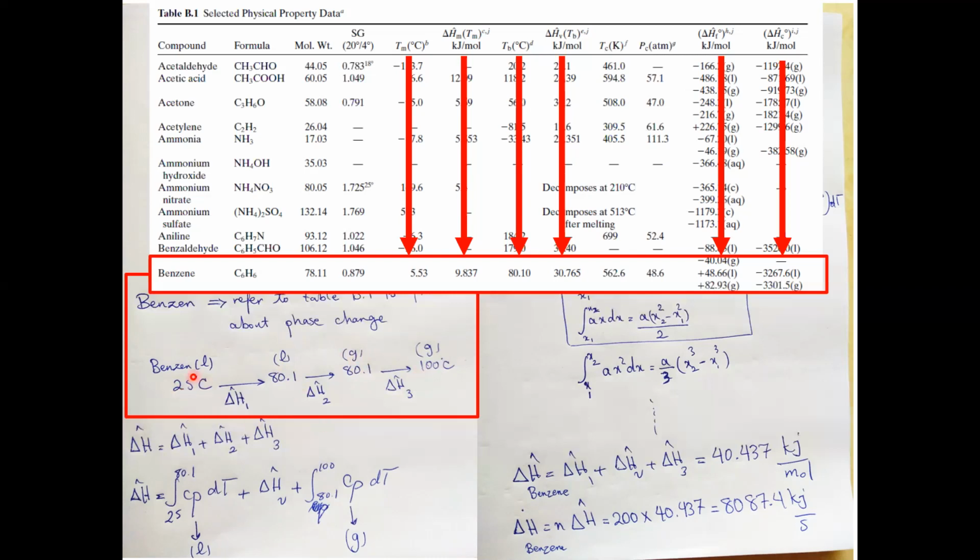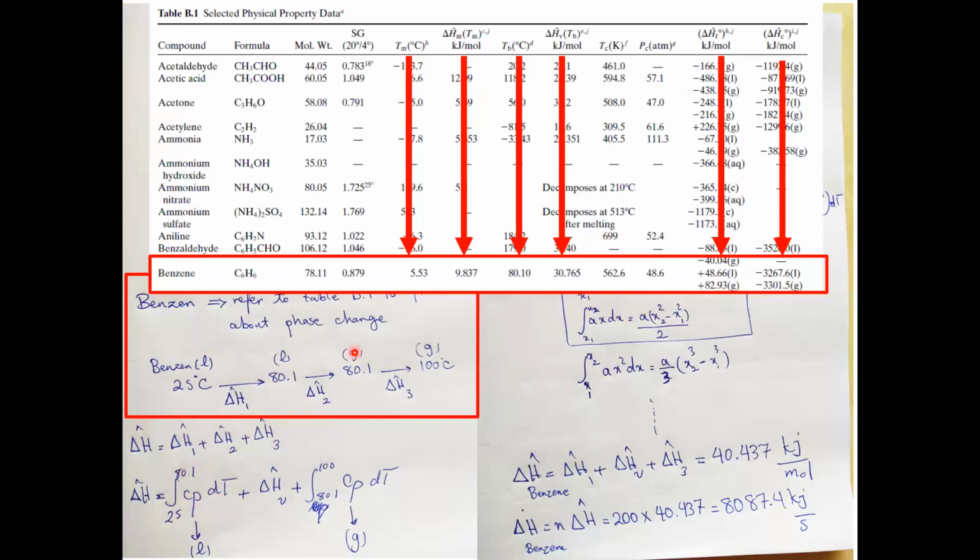So to calculate the change of the enthalpy from 25 to 100, you have to calculate all these changes. So delta H is a combination or sum of all these changes of the enthalpy. For this one, we calculate based on the formula that I already introduced to you from 25 to 80.